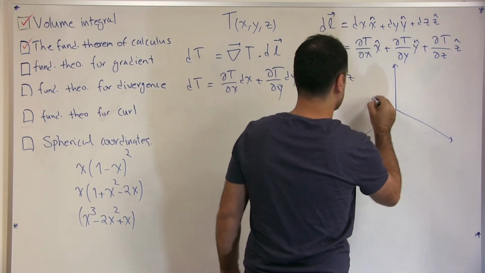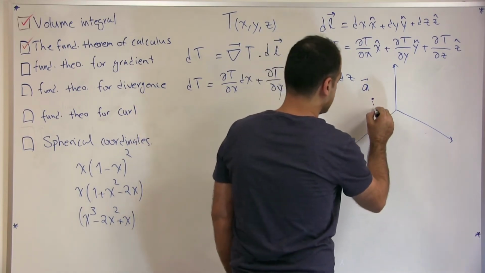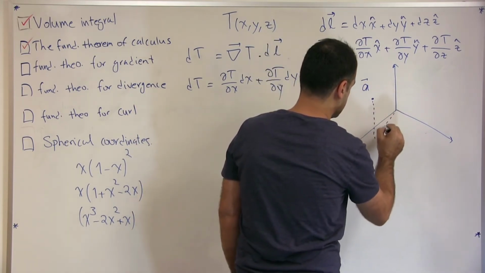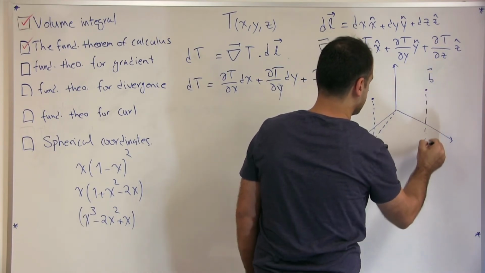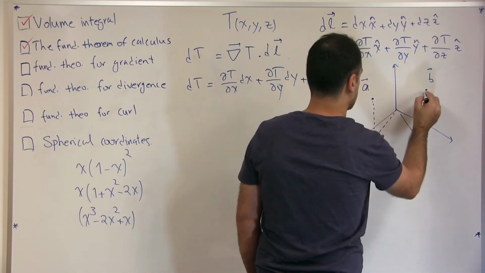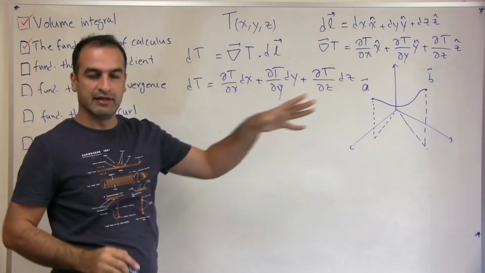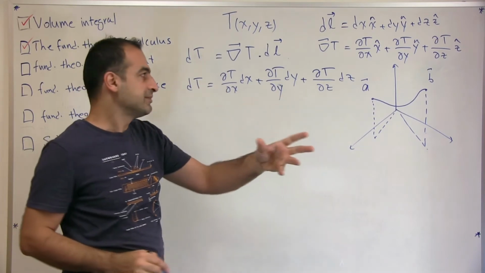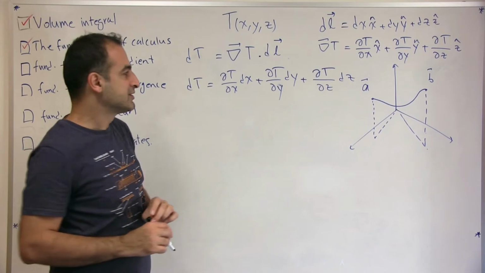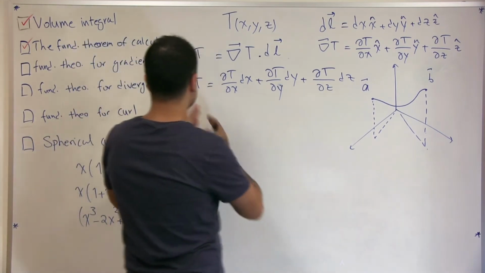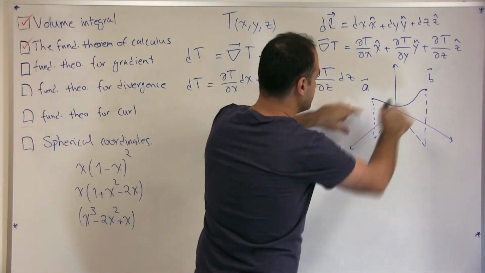Imagine you have a starting point A and an end point B. If you are moving from A to B with the smallest steps, each smallest step is dl. So we have this dT and we are integrating it from A to B.